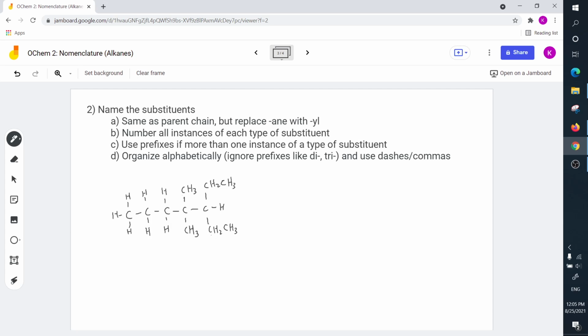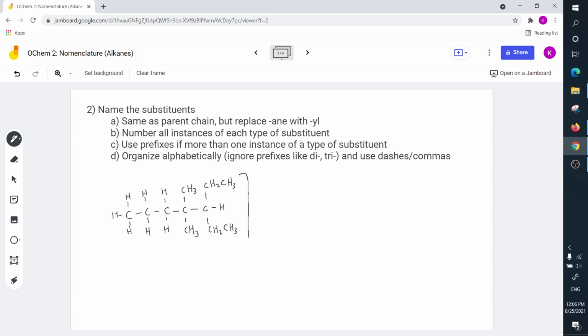You can have more than one instance of a substituent as you have different types of substituents. C, use prefixes if more than one instance of a type of substituent occurs. And D, organize alphabetically, ignoring prefixes like di and tri, and use dashes and commas to separate. Again, all kind of complicated, but let's work it out.